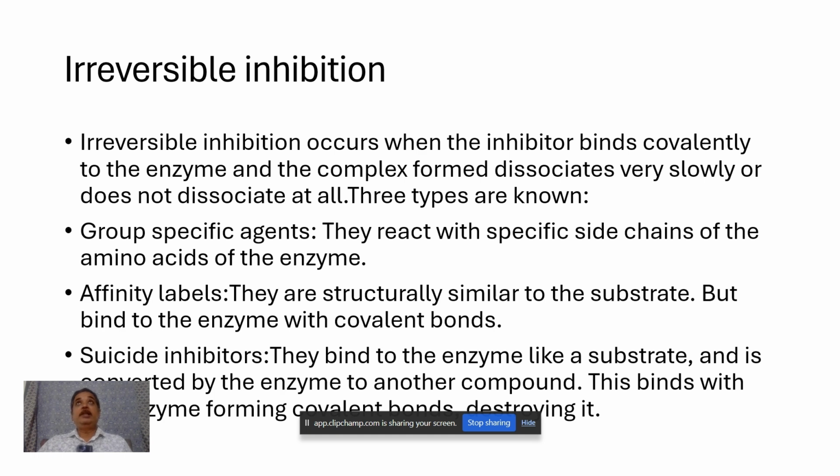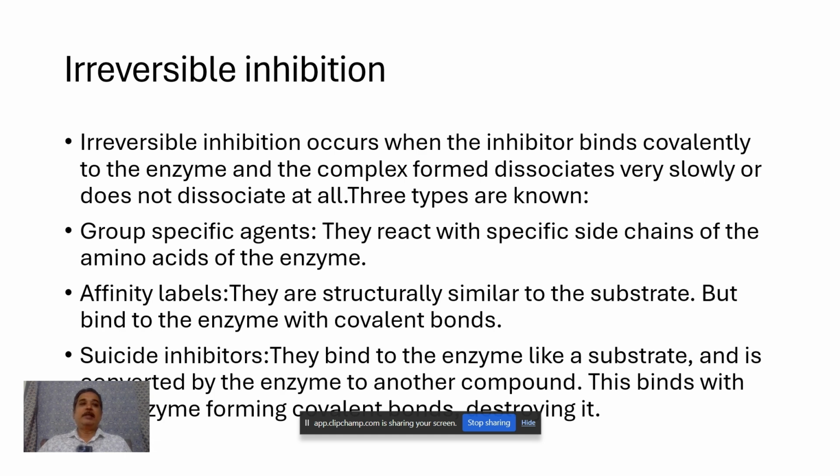Third one is suicide inhibitors. They bind to the enzyme like a substrate and are converted by the enzyme to another compound. This binds with the enzyme forming a covalent bond, destroying it. So this is a very interesting case in which the inhibiting molecule binds with the enzyme just like a substrate, maybe by non-covalent interactions. And this is converted by the enzyme to form another compound.